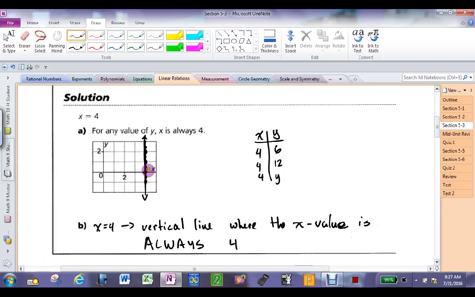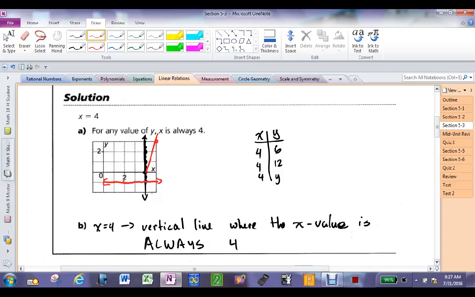Because if it goes anywhere off of there, that x is no longer 4, is it? And if it were to go this way, 1, 2, 3, 4, 5, x is only 4 once, isn't it? Everybody with me? So that is why the x only value gives us a vertical line.